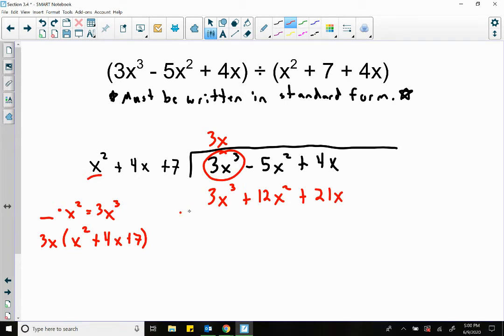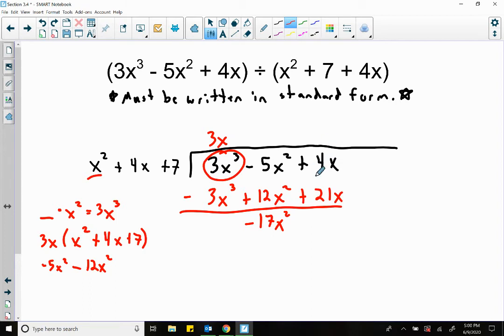And all we're going to do now is subtract down. The x cubes cancel, which we knew was going to happen. Over here, we've got two subtractions that we have to be careful of. We have negative 5x squared minus 12x squared, and that gives us negative 17x squared.